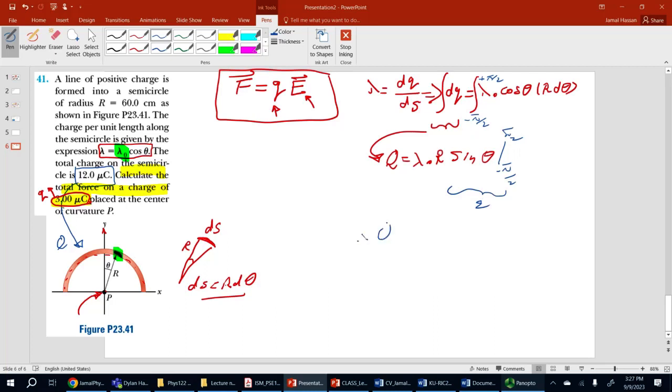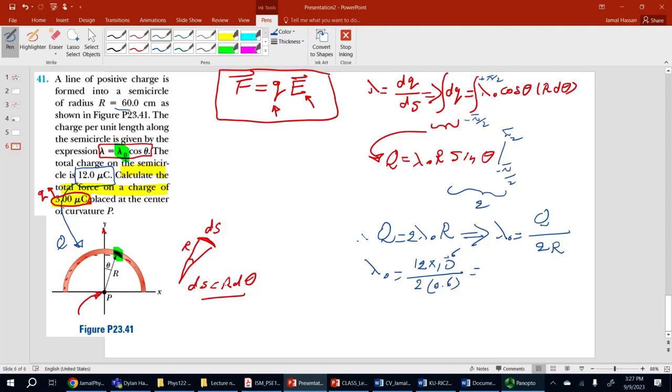So that means that Q is equal to 2 lambda naught r. So lambda naught is equal to Q divided by 2R, which is easy to find because we have all the parameters. Q is 12 times 10 to the power minus 6, divided by 2 times R, which is 0.6.